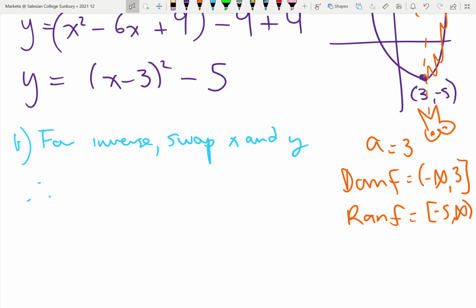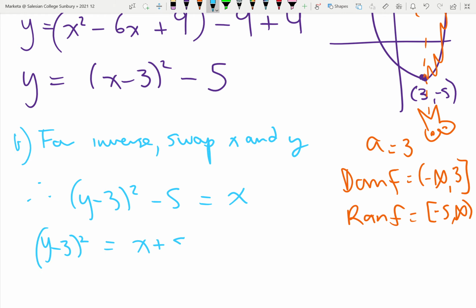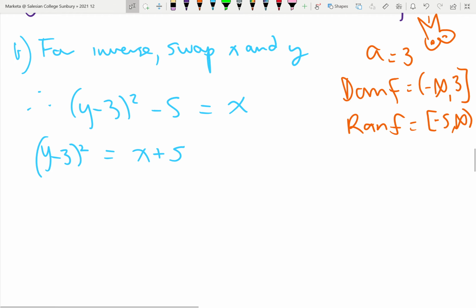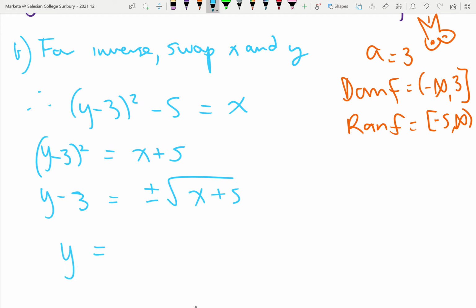So therefore (y minus 3) squared minus 5 equals x, and let's undo. (y minus 3) squared equals x plus 5. Let's root both sides. y minus 3 equals plus or minus root (x plus 5), and then y equals plus or minus root (x plus 5), plus 3.